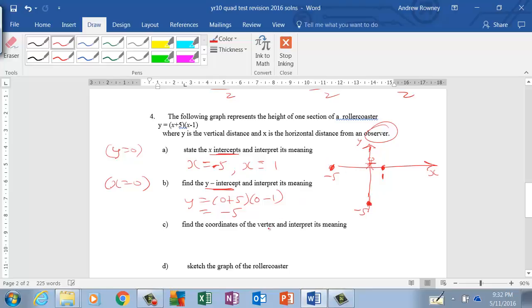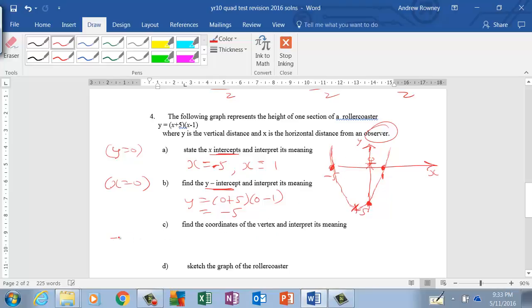So we can kind of see that the function comes down and bends around and back up. So this is the roller coaster here with the x-intercepts and the y-intercept. It does ask us in C to find this turning point here, that one there. To find that turning point occurs halfway in between the two x-intercepts.